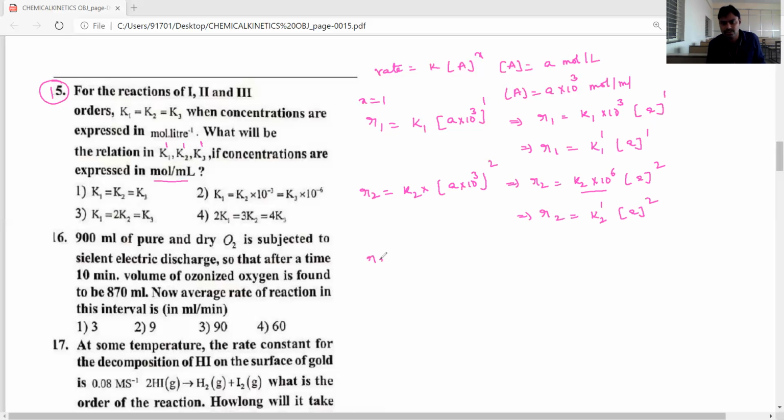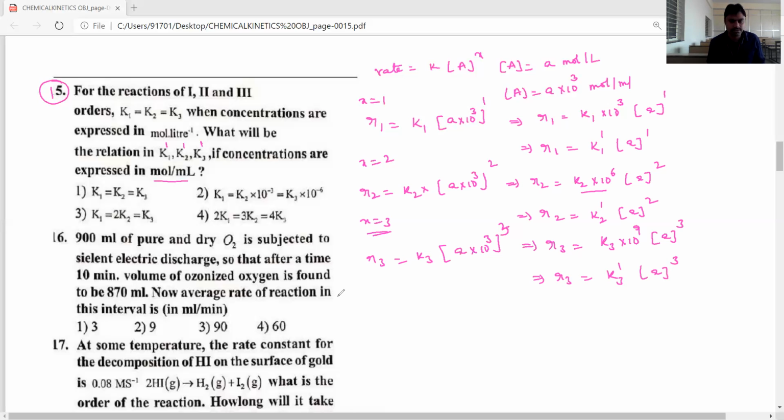Next, R3 is equal to K3 into A into 10 to the power of 3, whole cube, because the order is equal to 3. Here X is equal to 2 and here X is equal to 3. Then R3 is equal to K3 into 10 to the power of 9 into concentration of A whole cube. Let it be R3 is equal to K3 dash into concentration of A whole cube.